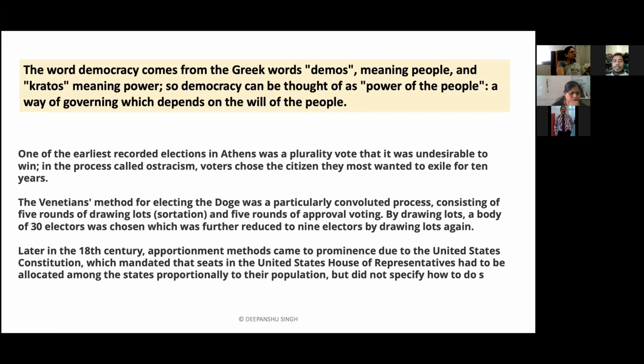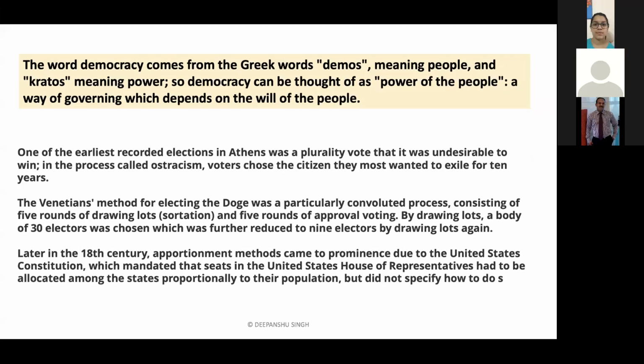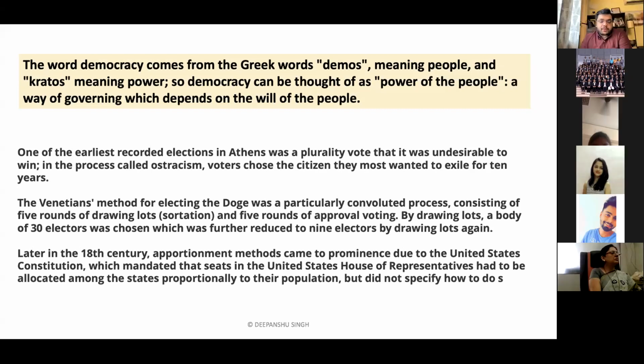Much later, in the 18th century, the US, which had one of the first constitutions, devised a presidential system of elections. India, of course, has a parliamentary form of democracy, where Parliament is one of the most supreme bodies, entrusted with representing the will and the aspirations of the people of India.